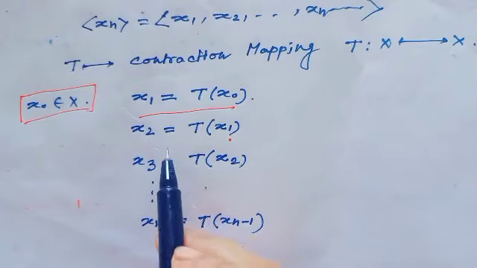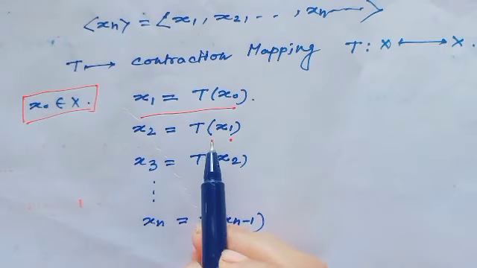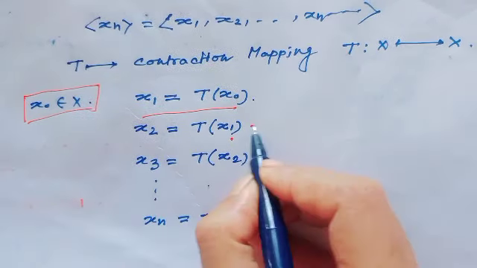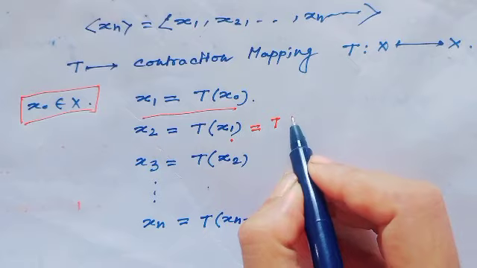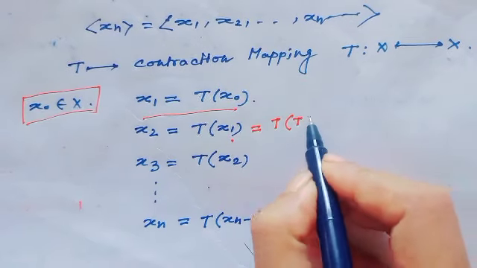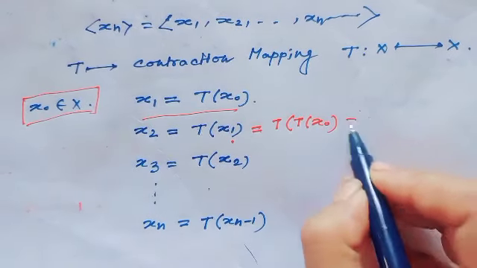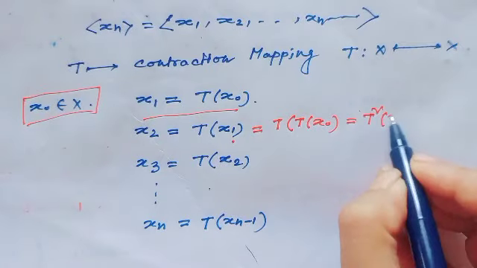Okay? Since x2 equal to Tx1 and x1 equal to Tx0, just put the value: this is T of Tx0, that means this is T squared x0.